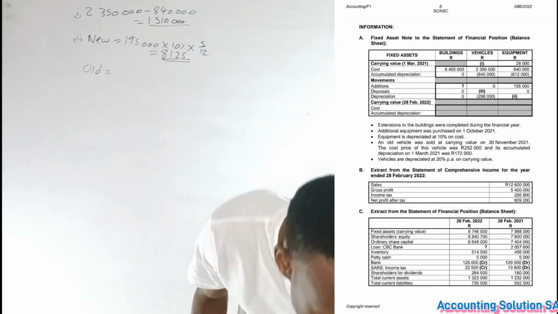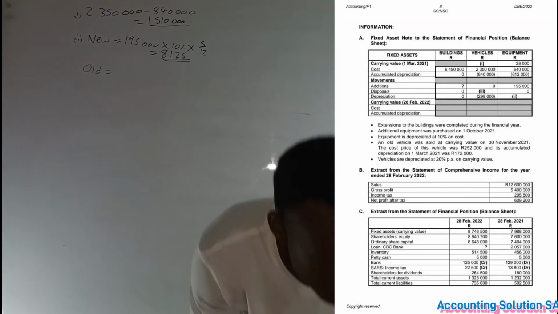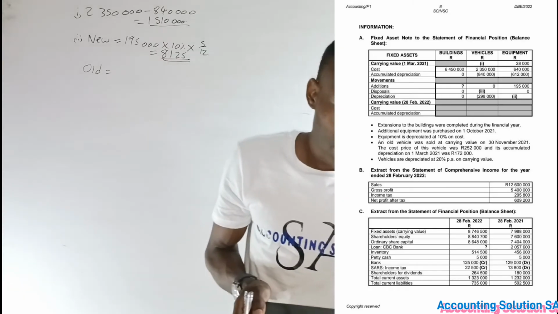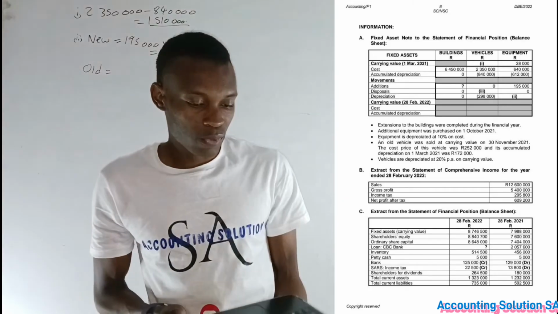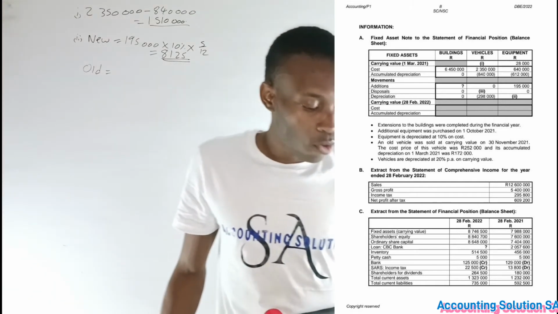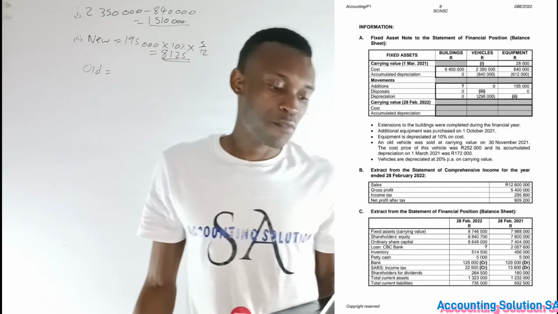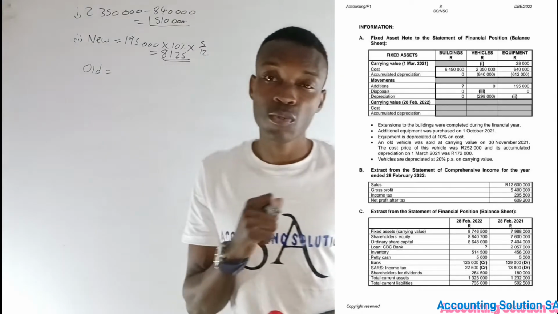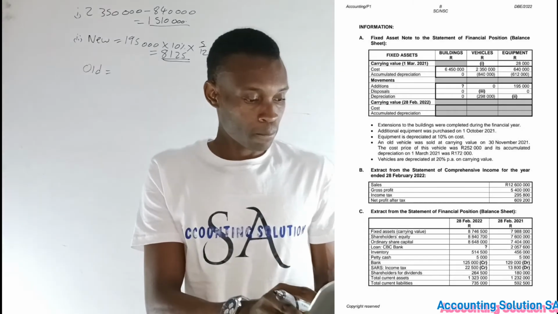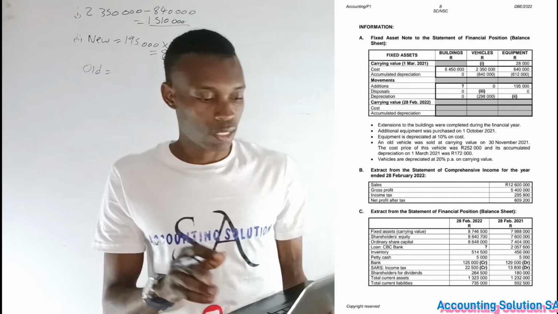Okay, now let's check. We have the cost of equipment, which is 640,000, and we also have accumulated depreciation, which is 612,000, and our current value is 28,000.